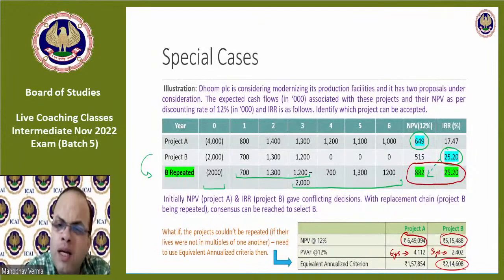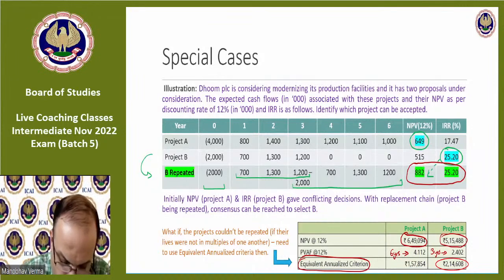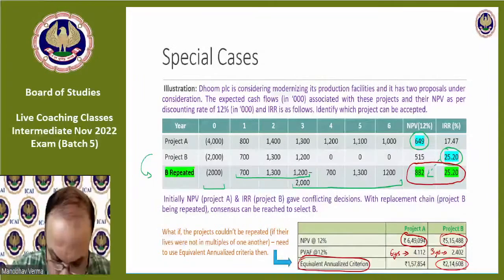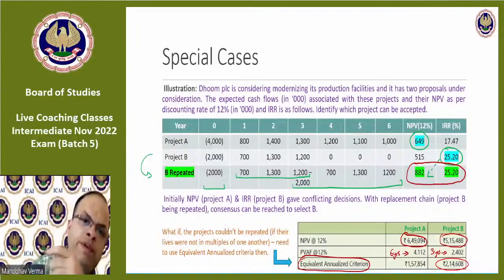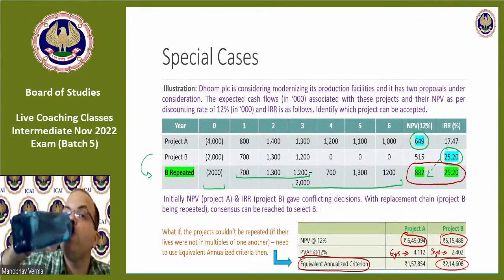Which project will you choose, guys? If I go with the decision of equivalent annualized criteria, which project should be selected? Any thoughts? Pooja, if it is 2 and 5, then you go for the equivalent annualized criteria.